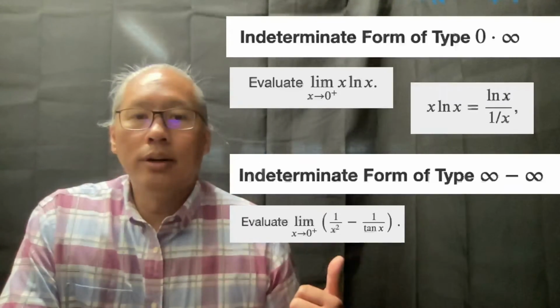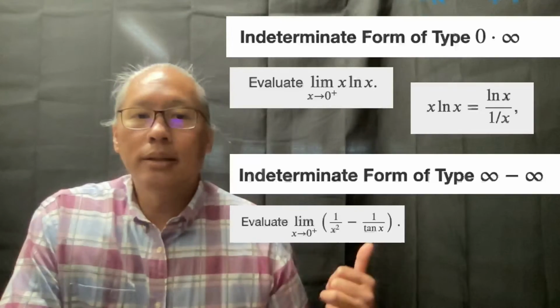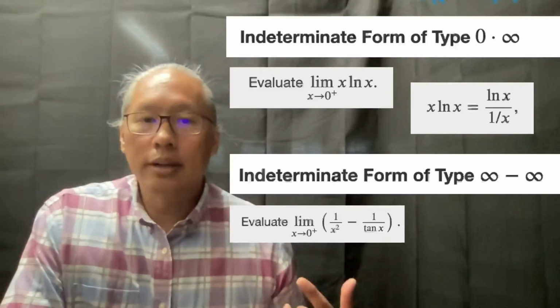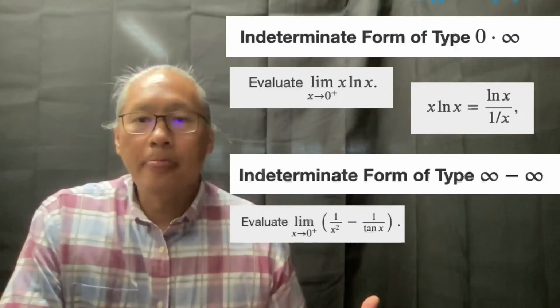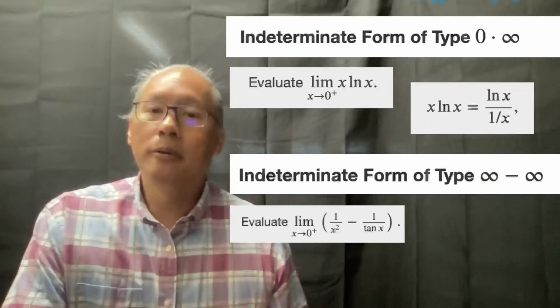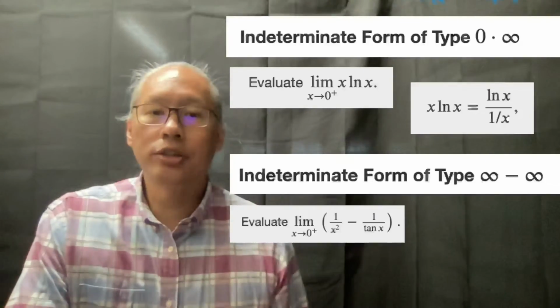something like this. We have 1 over x squared minus 1 over tangent x. And if you put 0 in there, that's going to be infinity minus infinity. So what we want to do is, again, try to change it into a fraction.